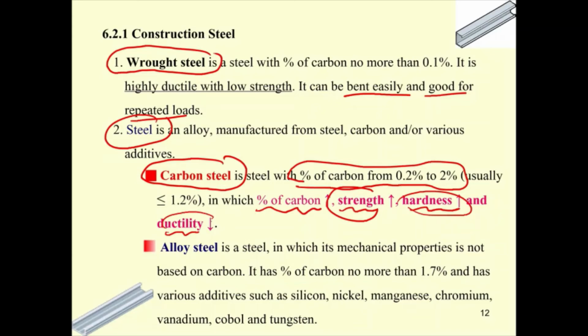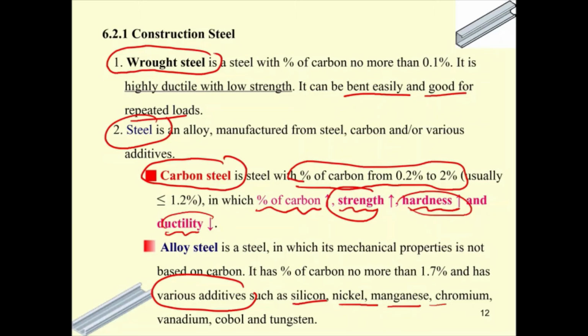And if the property of the steel depends on some additives such as silicon, nickel, manganese, chromium, those kinds of things, we call that steel alloy, such as stainless steel. I have a student who works on using stainless steel as the reinforcement of concrete.